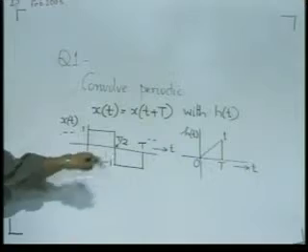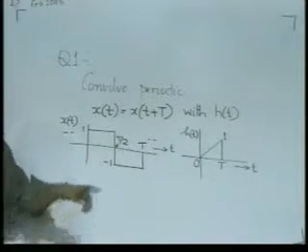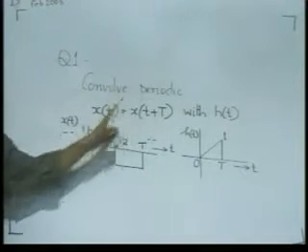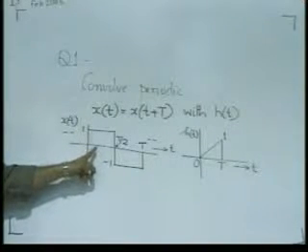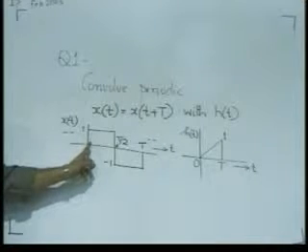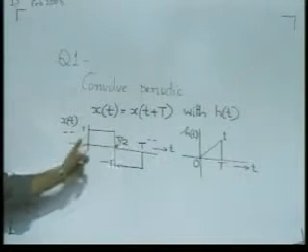Now, the question is that we wish to convolve this x(t), which is periodic. So you see, here is one period.